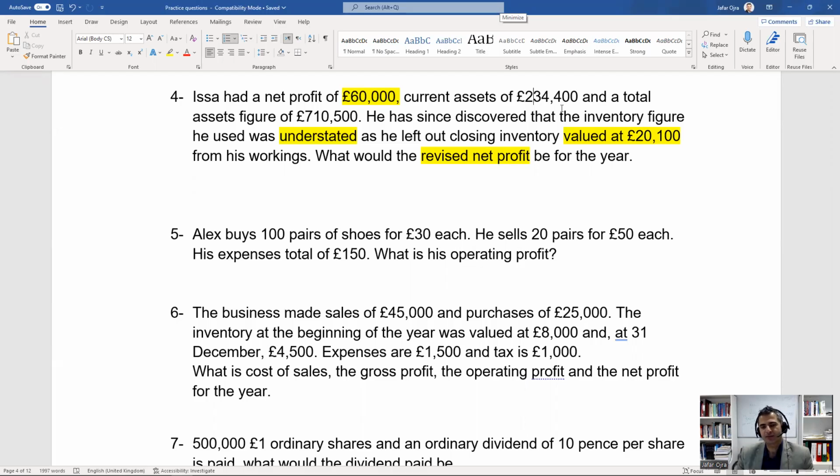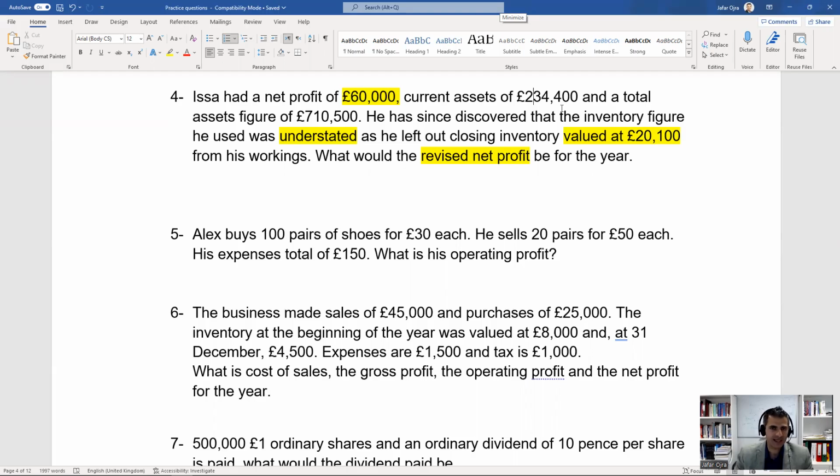What really happened when you calculate the profit? If you missed out that closing inventory when you calculate cost of sales, remember the formula: sales minus cost of sales equals gross profit. So if you missed out the closing inventory, the impact on the profit will be less.